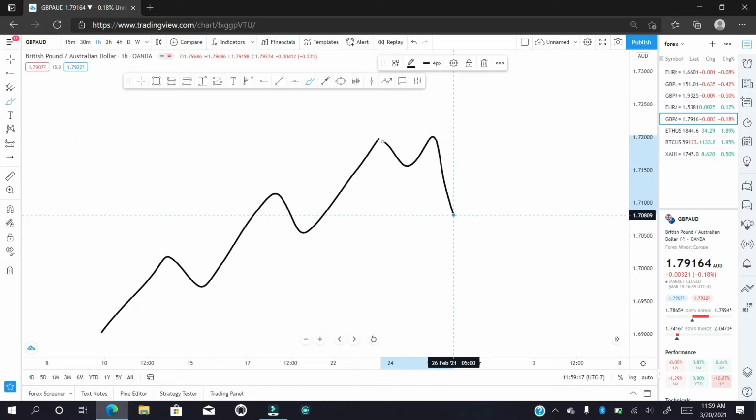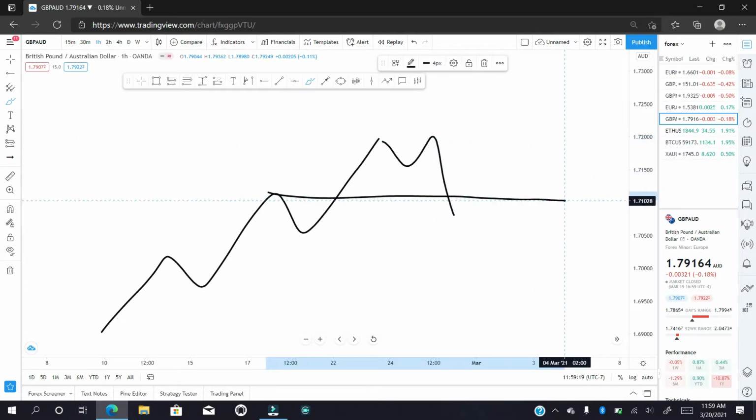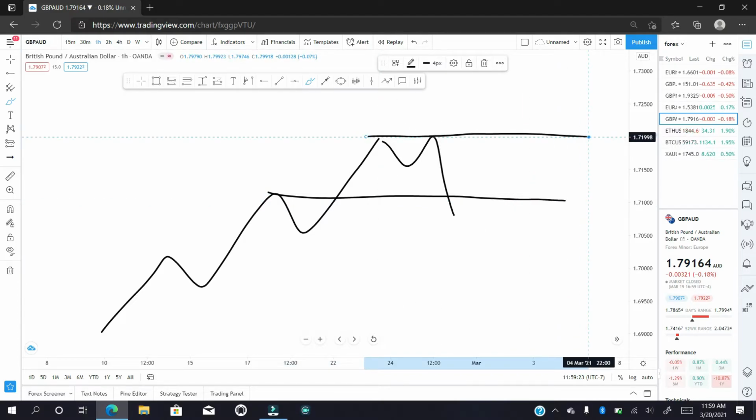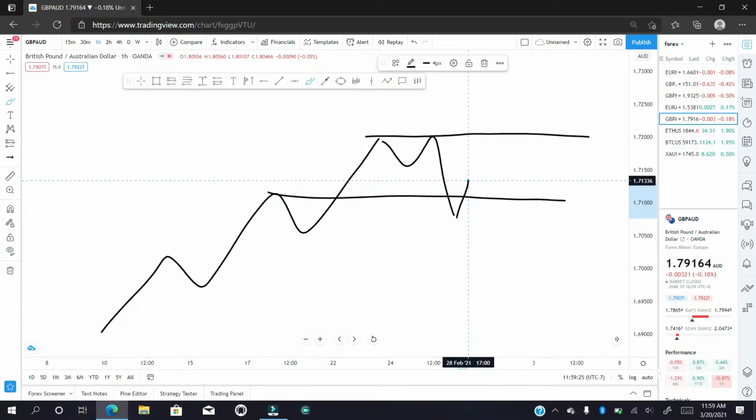But don't forget that we have a support zone right here, and we have a resistance right here. Price did that, we have a fake out. Price comes here to retest this level, and at this level right here, that's where I'm gonna take my buy. I take a buy right here.